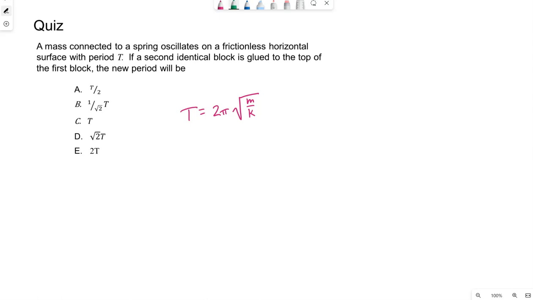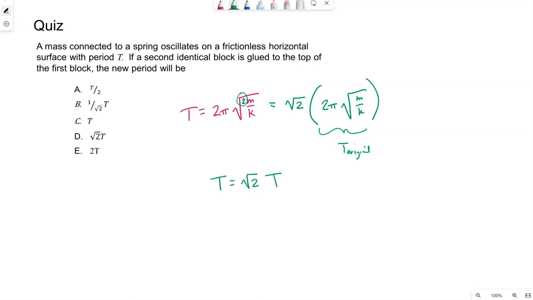So by gluing an identical block on top of the original one, we're essentially doubling this mass. What I want to do is to factor out this portion and see what I'm still left with. What I'm still left with is the original period. And so my new period is the square root of 2 times that original period. So the correct answer is D.